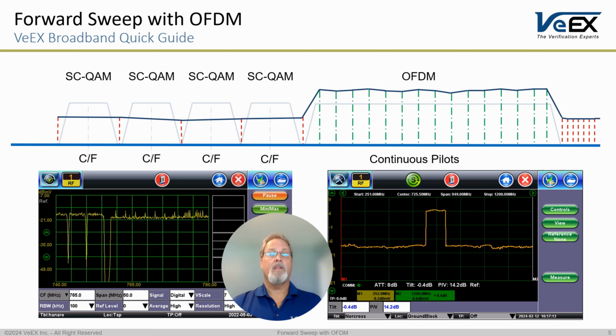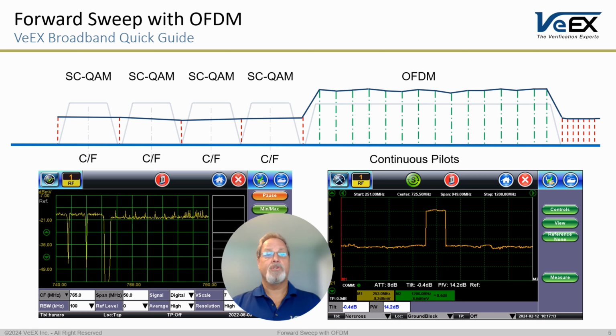So by doing that, you'll see that our sweep tones are now being measured, and then we go up and measure the power of those OFDM continuous pilots, and then back down to where our sweep tones are on the other side.